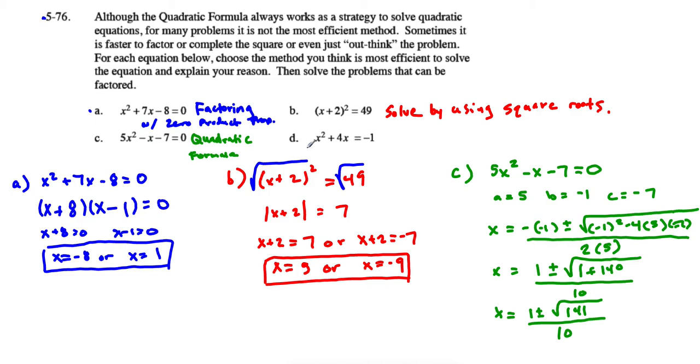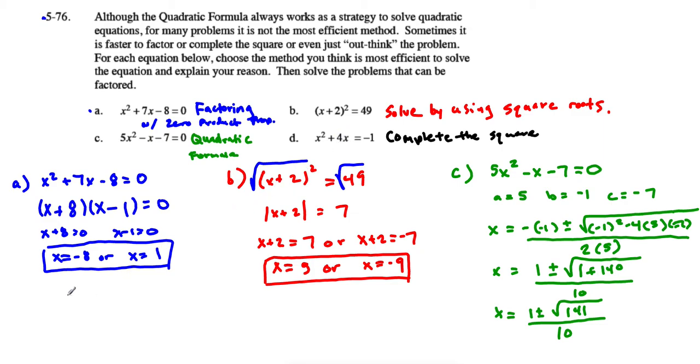And last but not least, let's look at D. Well, we haven't used all the methods here, so this one might be a good choice for completing the square. We've got an x squared, which is a perfect square, and we have an even number for our middle term.